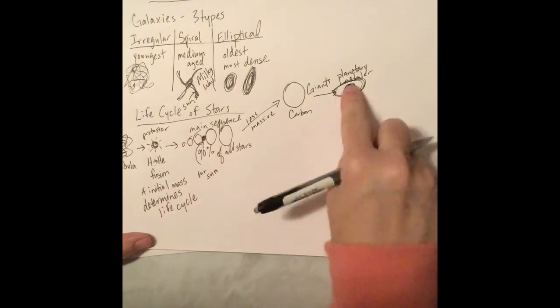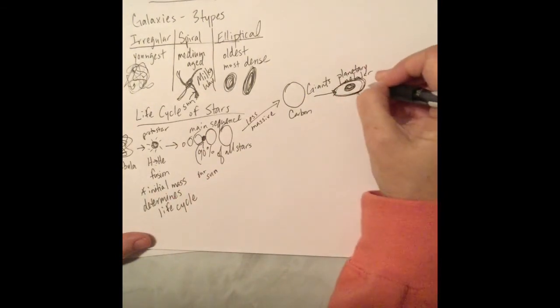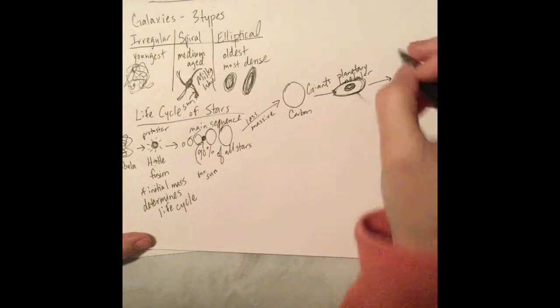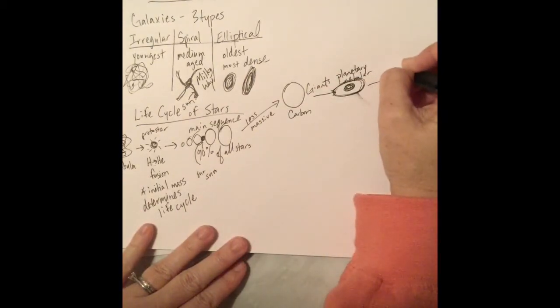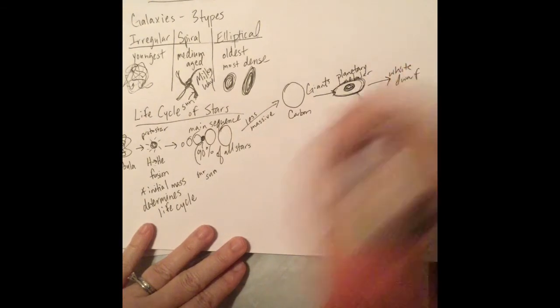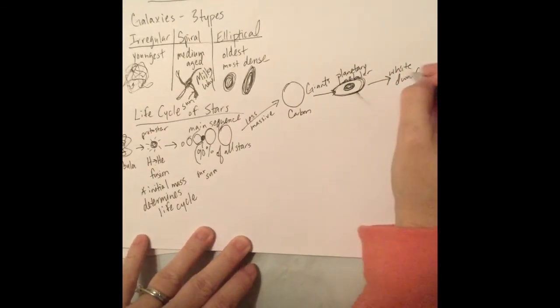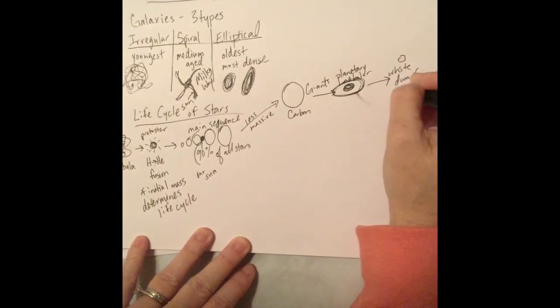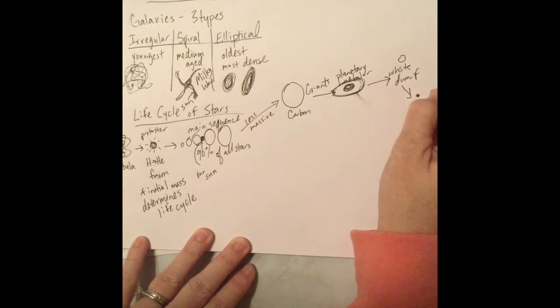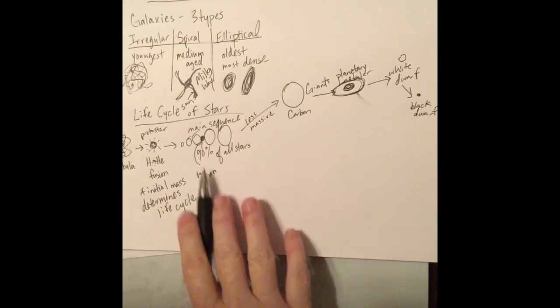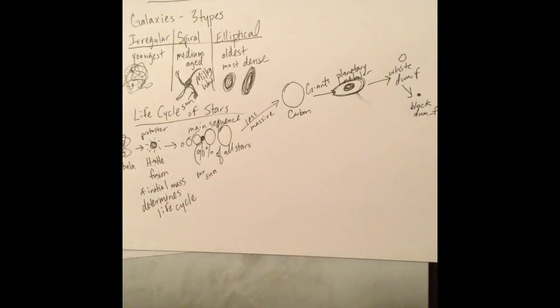Okay, so you have the planetary nebula, and from that point, it shrinks down, it collapses in on itself to become a white dwarf. And then finally, so there's our white dwarf, and then finally a black dwarf, which no longer emits energy. Okay, so our sun will die as a black dwarf.